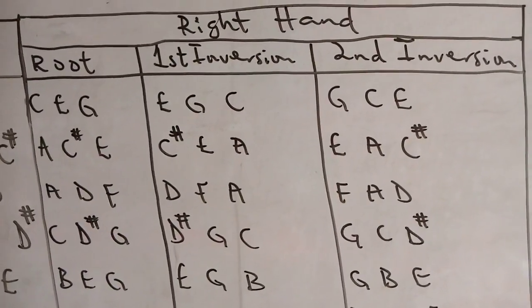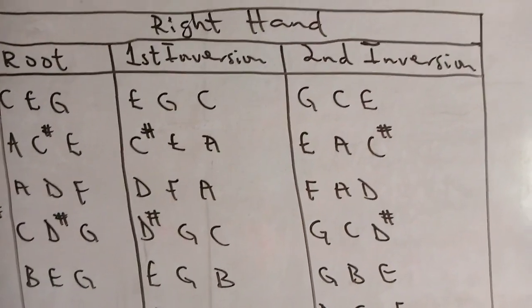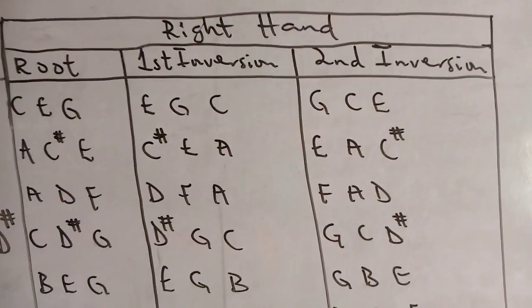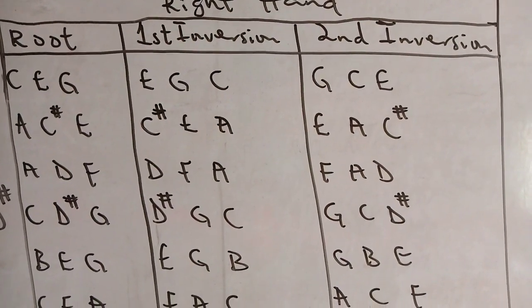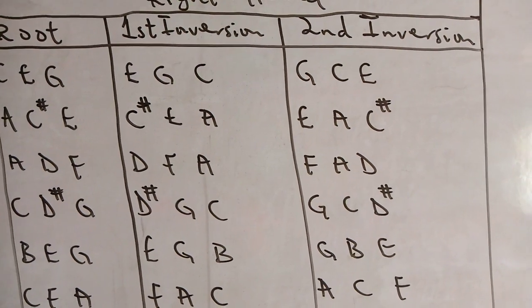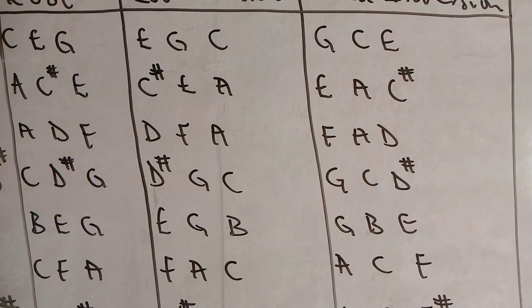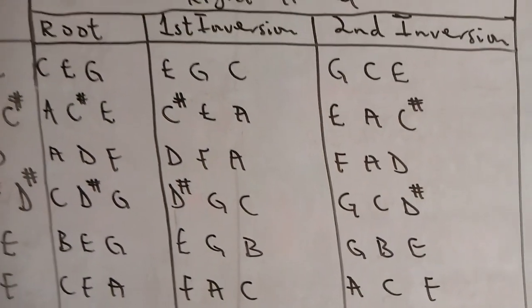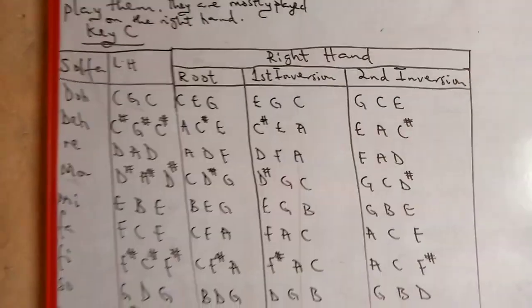Can you see them? Just pay attention if you are one of those learning piano. A, C sharp, E, have C sharp, E and A, have E, A and C sharp. So following this pattern, hope you didn't forget what we have.